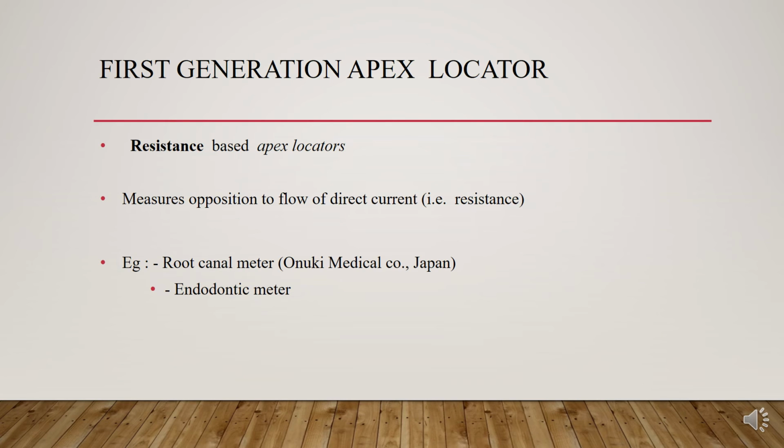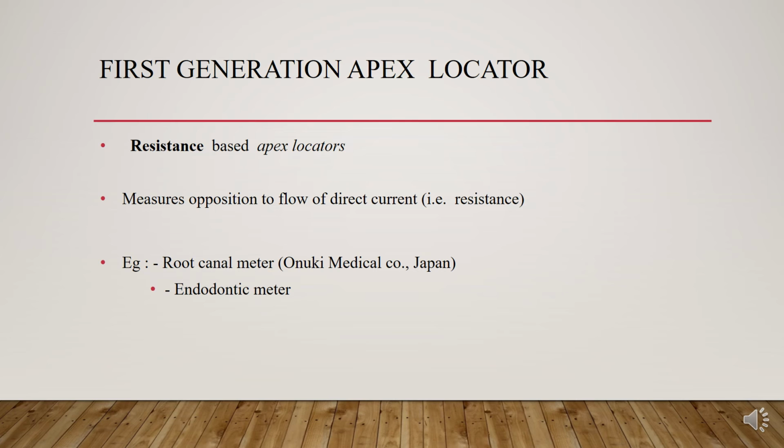So the first generation apex locator is based upon resistance, which notes that the resistance of the tissues at the periapical area as well as on the buccal mucosa or on the oral mucosa is the same. Okay, so the instrument actually measures resistance, that means opposition of flow to direct current.